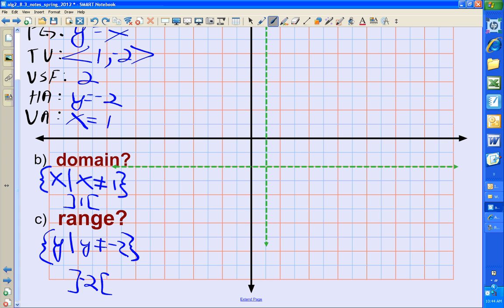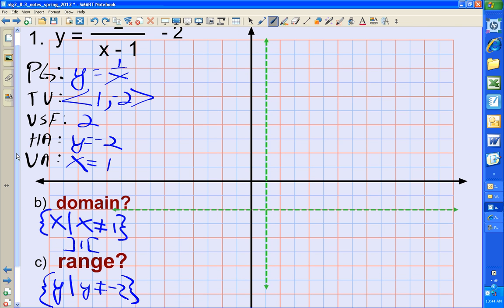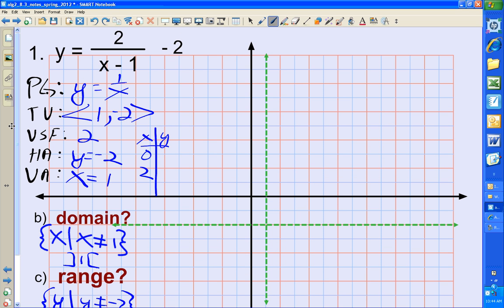Hannah, what do I put in for x in my little T-chart here so I can do the graph? 0. 0 would be a good one, and 2 would be a good one. If you plug in a 0 here for x, what would y be? Oh, you know what? Let's not do that.